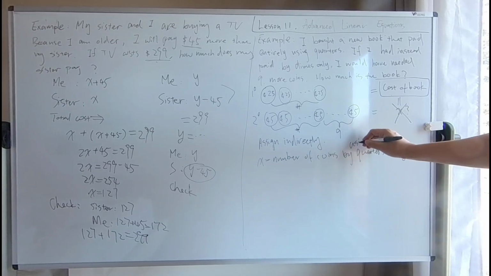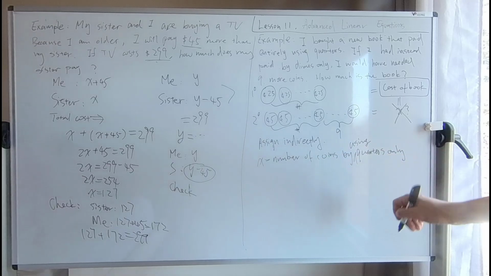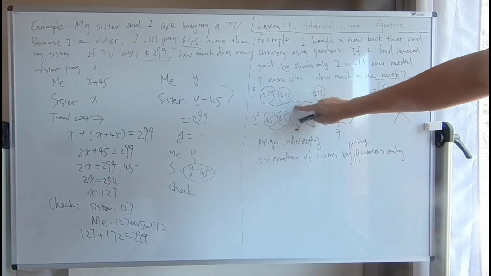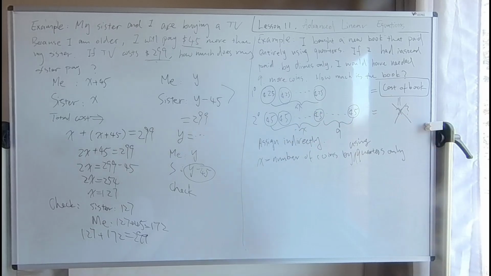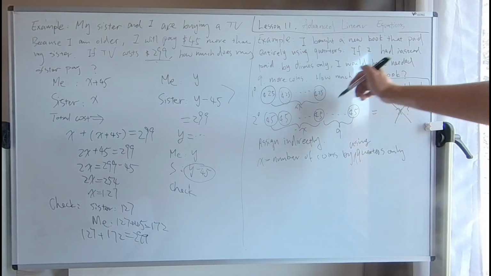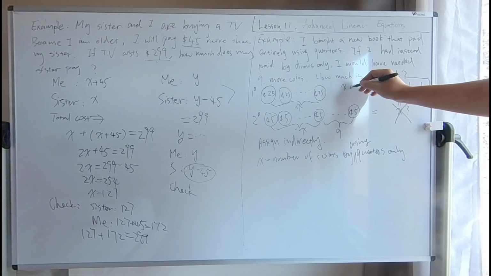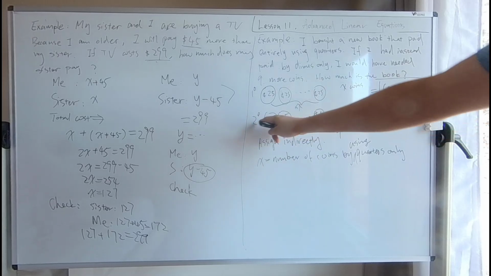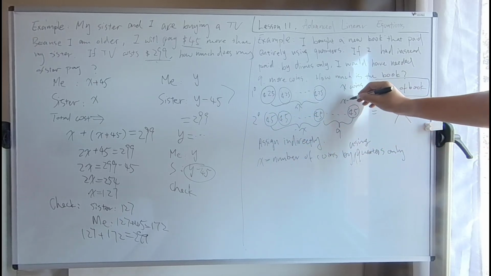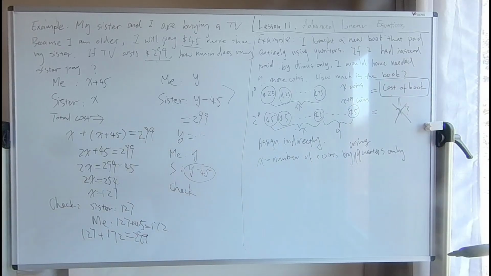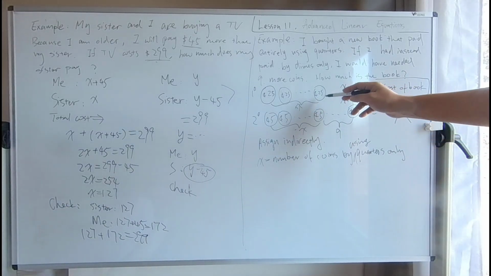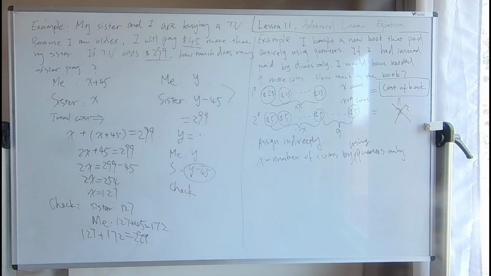Then in the first option, I have x coins. In the second option, I have x plus 9 coins, right?